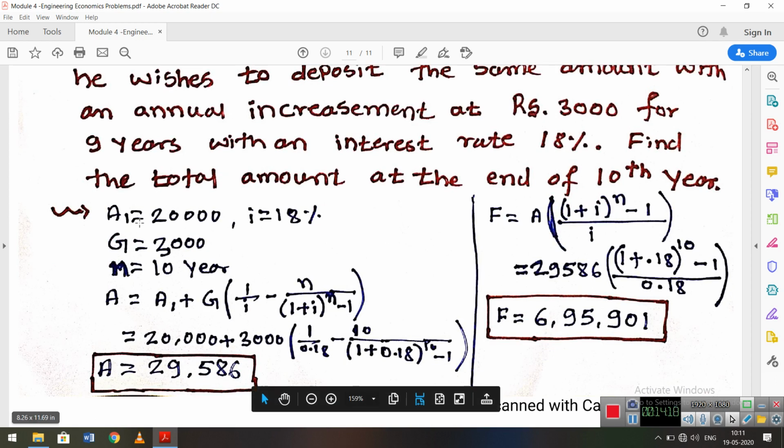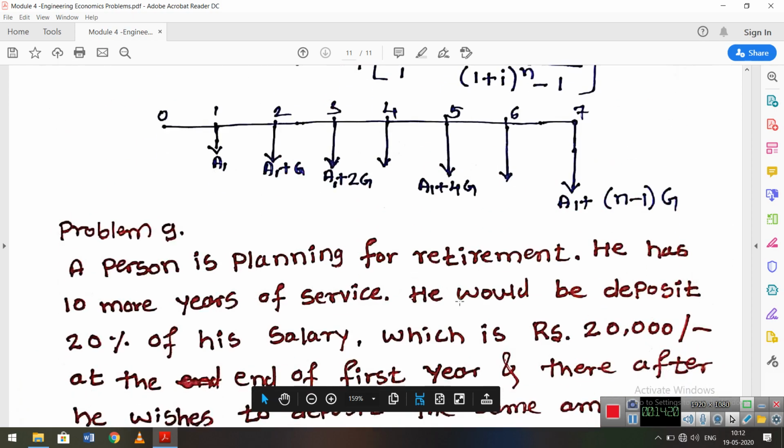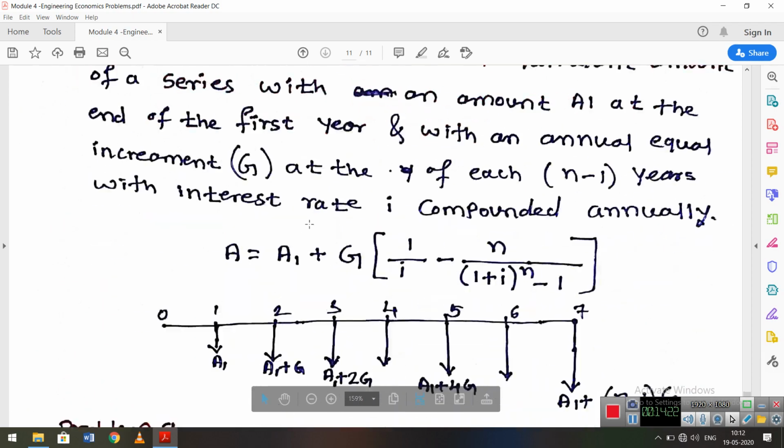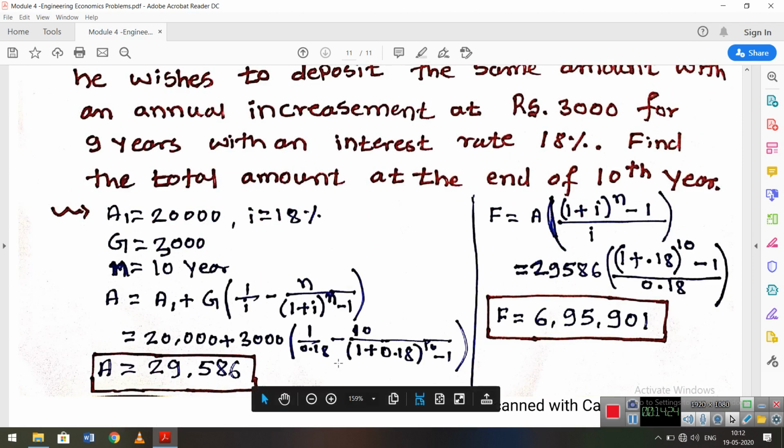But as an annual payment, the annual equivalent amount is 29,586 only.